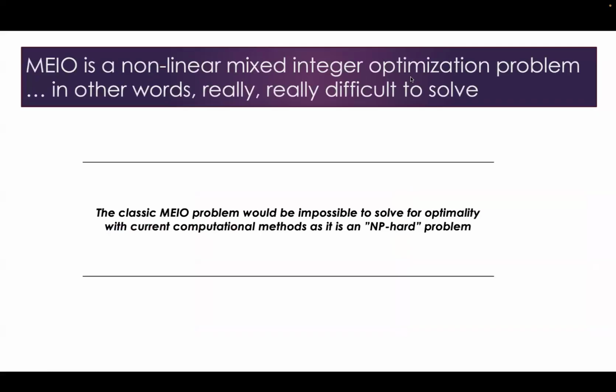Yep. Okay, thank you. So let me start off just to be very realistic from a mathematical perspective. It's a nonlinear mixed integer optimization problem, and in other words, mathematically, it's really, really difficult to solve. The classic MEIO problem is considered to be NP-hard. It's just a mathematical way of saying there is no formal way to solve it other than to calculate every single possibility.